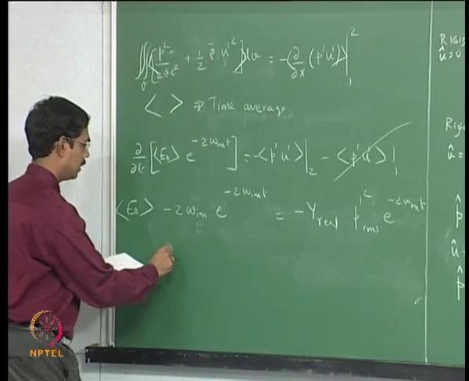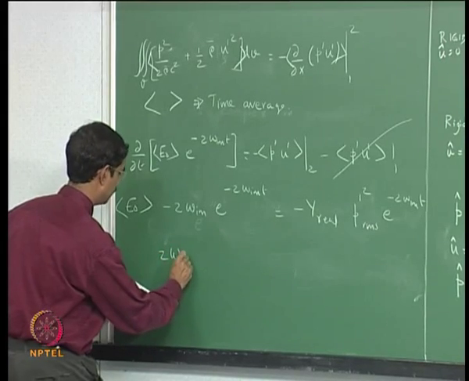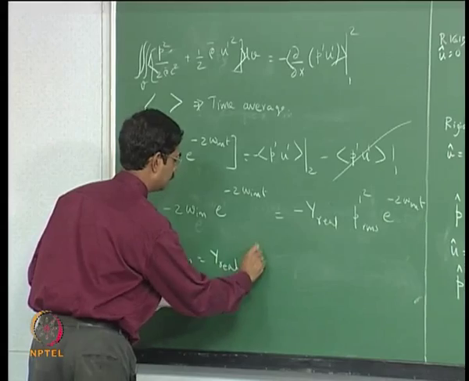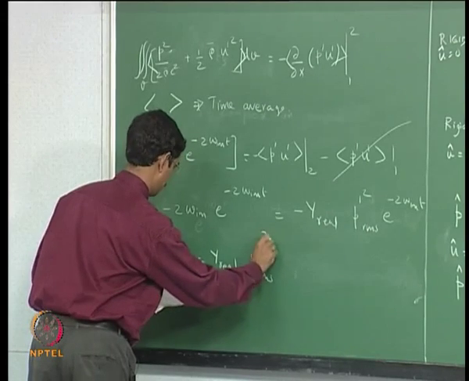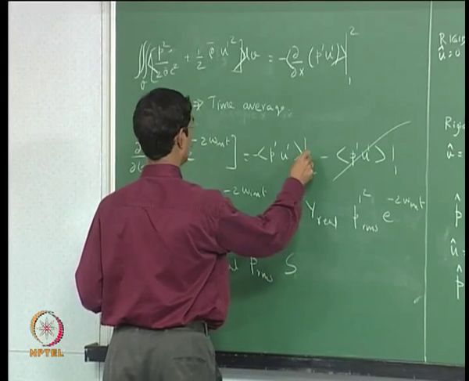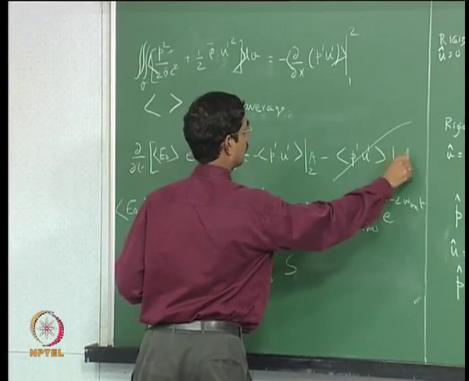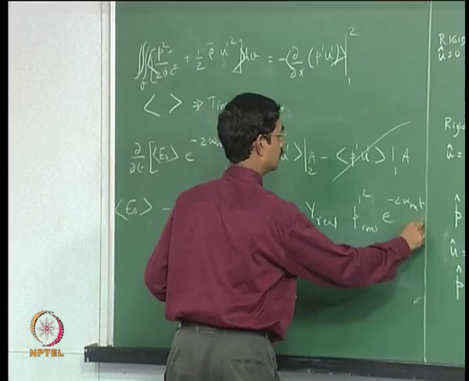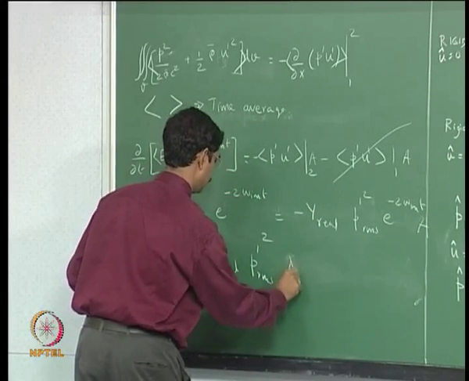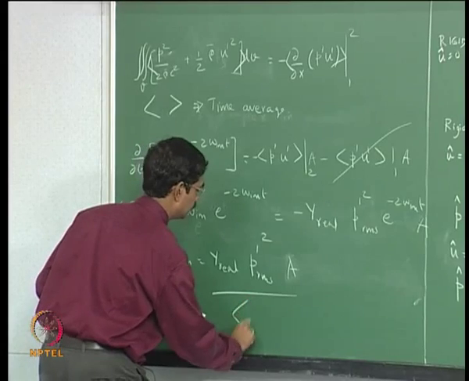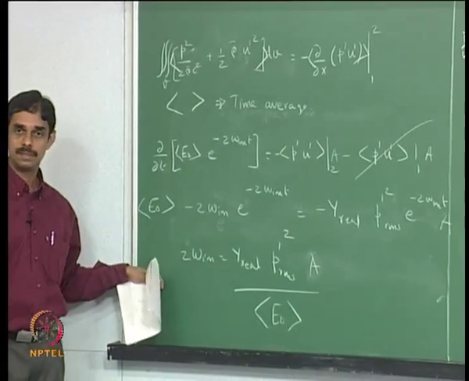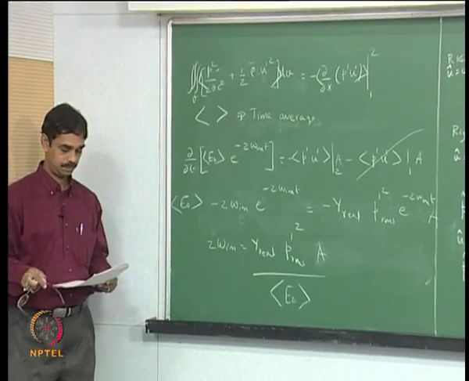So we can write this as 2 omega imaginary equal to y real times p prime RMS squared. Oh, I forgot the area. So this times A divided by E naught. You may find this kind of expression in some books or papers.